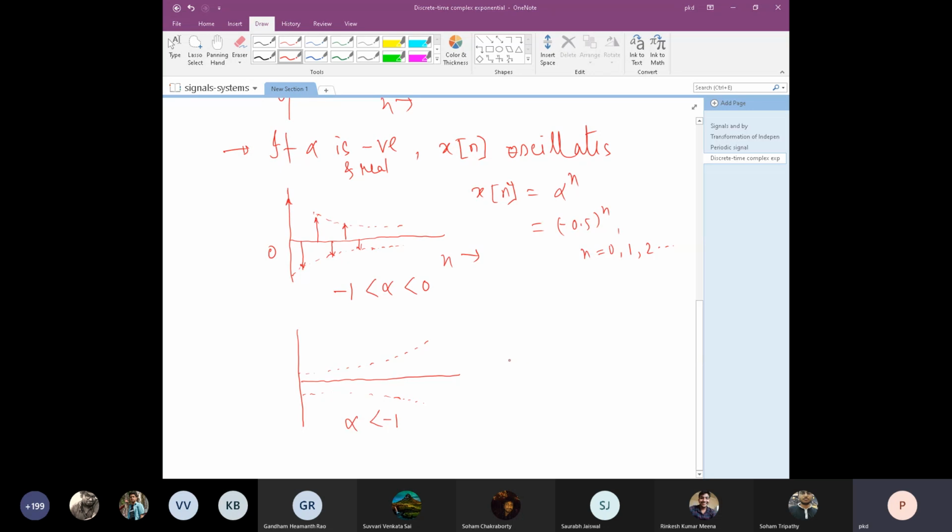Alpha magnitude is greater than 1, so the value will continuously increase.